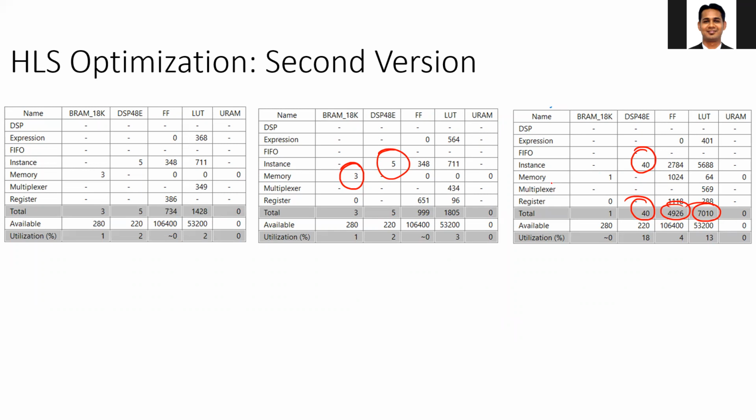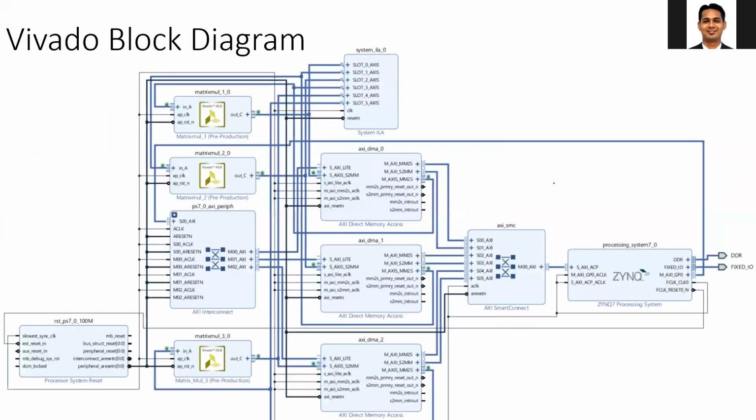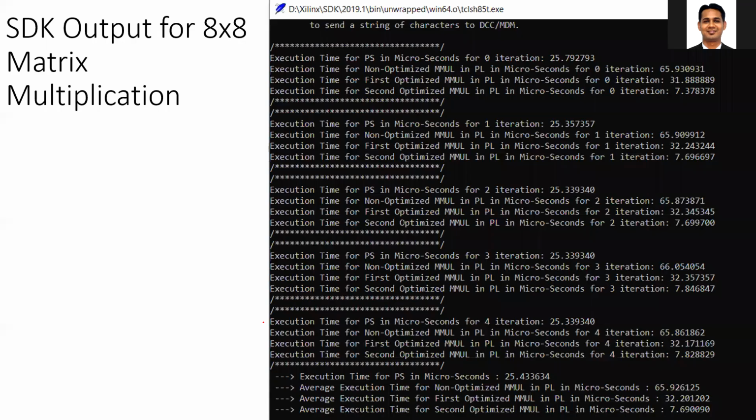Now with this, we have completed the third version of the HLS IP for the matrix multiplication. You can go ahead and create a block diagram, export the IP and add it in your block diagram with the appropriate DMA. Then you can write a simple SDK code to compare the performance of the 3 IPs. You will see that in our case, the matrix multiplication on the PS took 25.433 microseconds for 8x8.